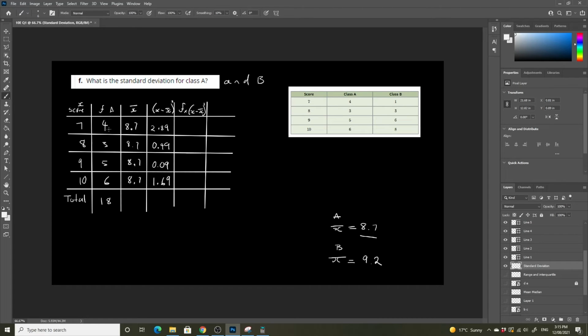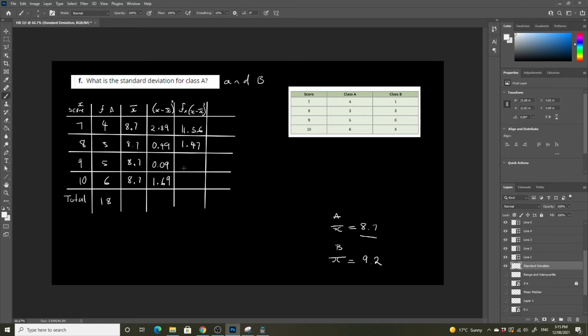So now we need to multiply our frequency by our score minus our mean squared. So the deviation from the mean. So that's going to be 4 times 2.89, which is going to be 11.56. 3 times 0.49, which is going to be 1.47.